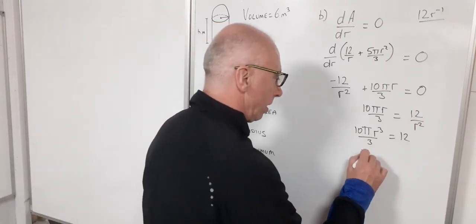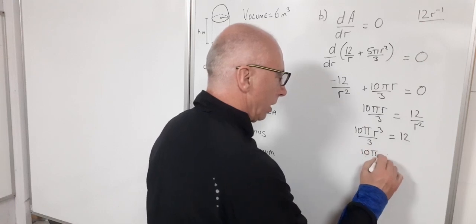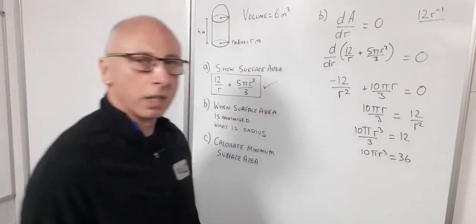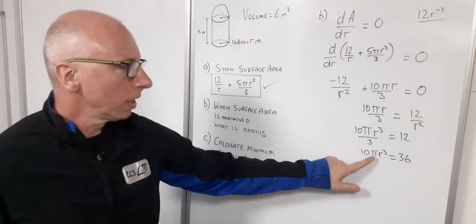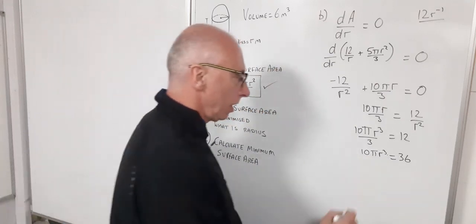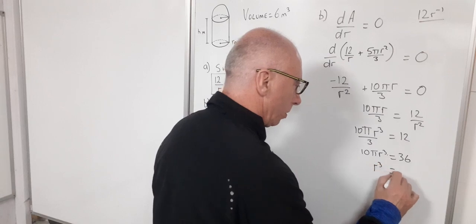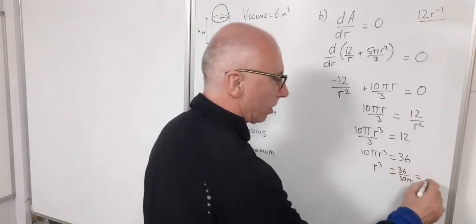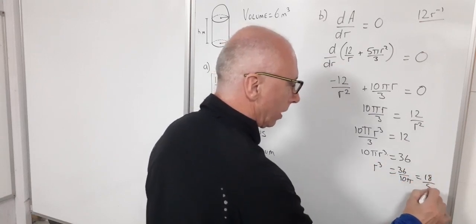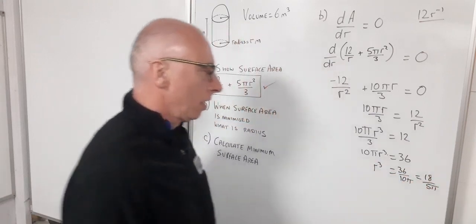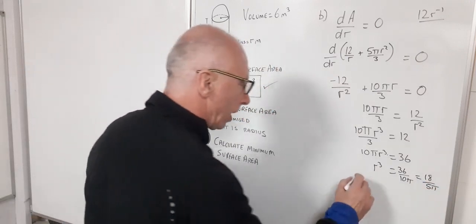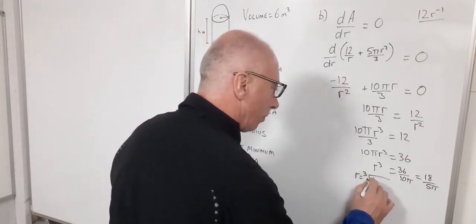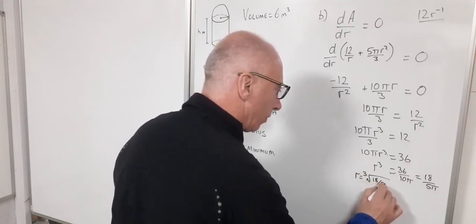So now 10 pi r cubed equals 36. Now to get r cubed on its own, let's divide both sides by 10 pi. So r cubed equals 36 over 10 pi, which I can simplify to 18 over 5 pi. So then r, my radius, equals the cube root of 18 over 5 pi.